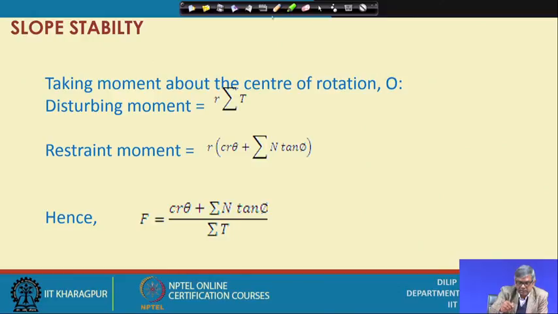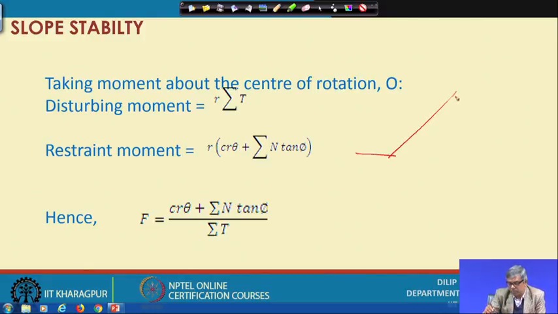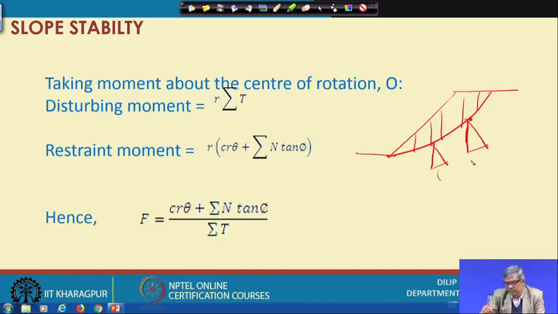the calculation. You can see here, taking moment about the center of rotation O, suppose this is the failure plane. Like that, at each point we will have T and N, multiplied by R, since it is at a distance r.